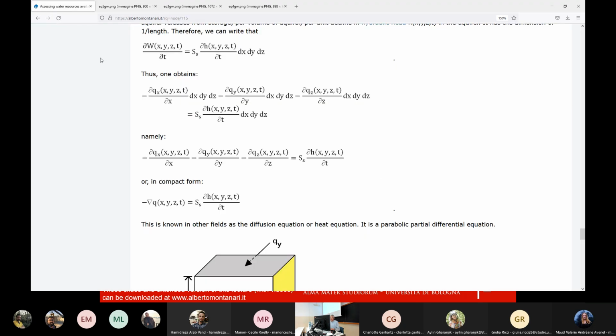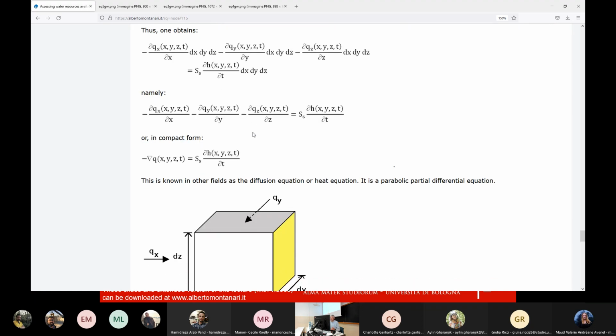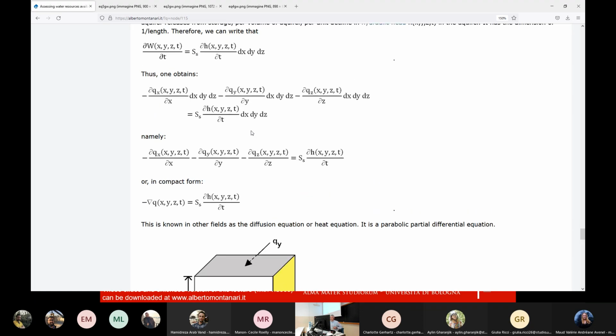Okay, so as I said, I need an additional equation here because I have two unknowns and I need to introduce the conservation of energy. Let's go back to the web page, but before introducing the second equation, let's take the previous relationship in a simpler form.